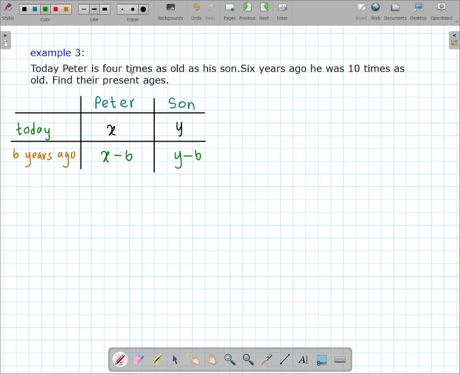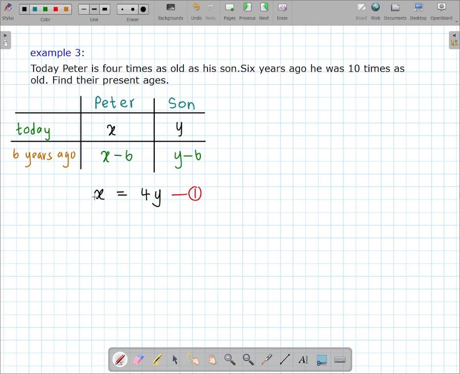Today, Peter is 4 times as old as his son. Today, x equals 4 times his son. That means 4 times y. That is equation 1. Then 6 years ago, he was 10 times as old.